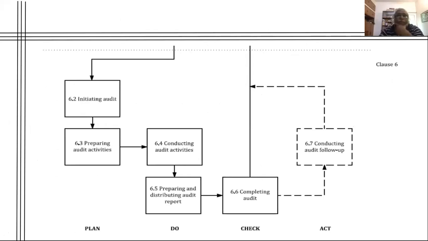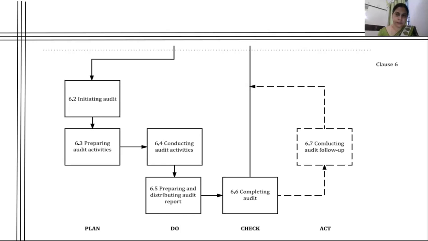Ma'am, there's one thing we have to be very clear about in our minds. As of now, we can act in two capacities. We can be auditors who are auditing things, and we can also be the auditee, the people who are being audited.